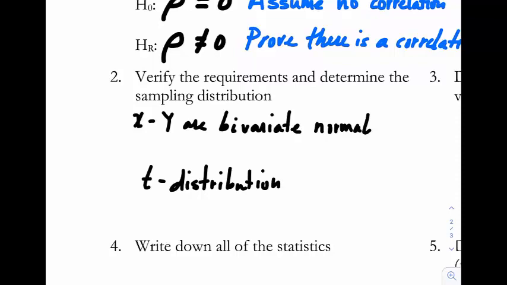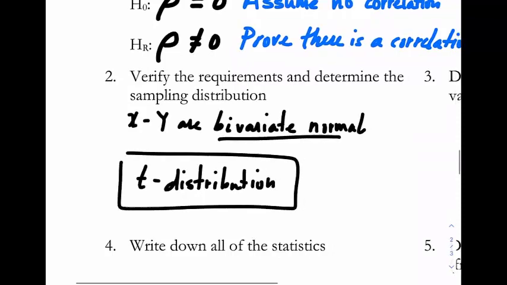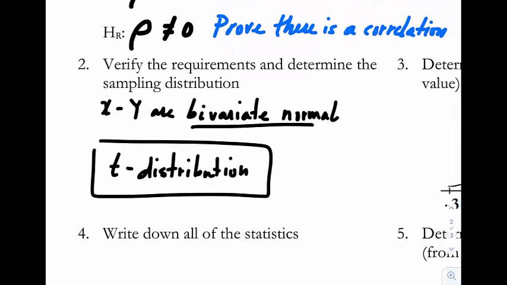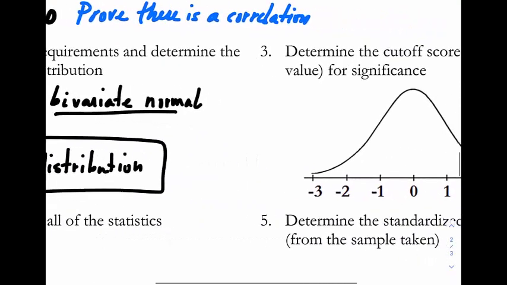For correlation, we have to prove that our variables are bivariate normal. There's a theorem that states because they are bivariate normal, both x and y are independently normally distributed as well, and all that other stuff. But we've got to start there first.